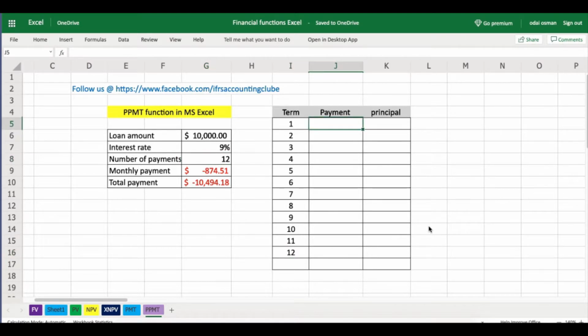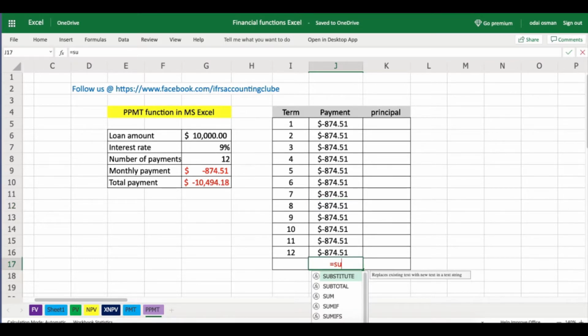And the payment is calculated as equal, dollar sign, and the monthly payment is in the cell G, and again dollar sign in the cell 9 gives us the terms, and drag down the formula to apply for the 12 periods of payment.